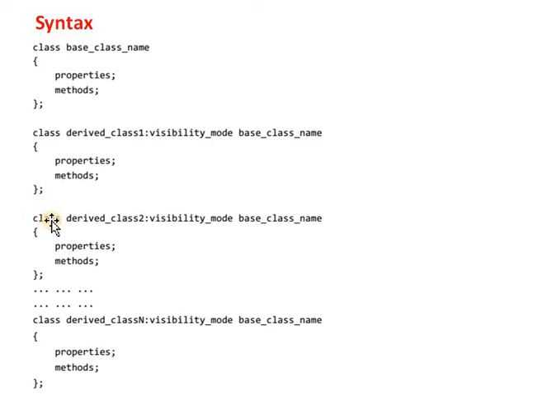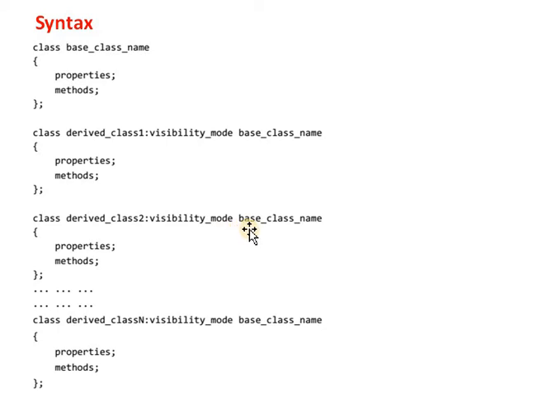After completing the definition of the first derived class, we write the class definition for the second derived class. How to write that class? By using the class keyword. After the class keyword, we write the second derived class name. After that, we write the colon operator. After the colon operator, we specify a visibility mode.